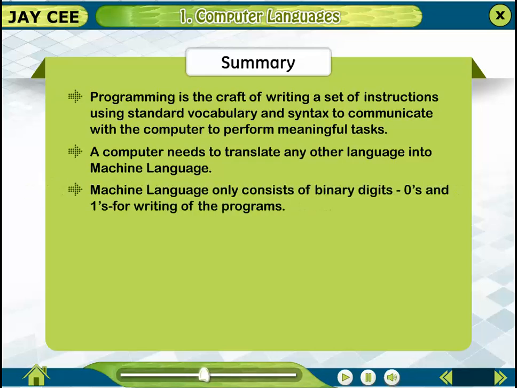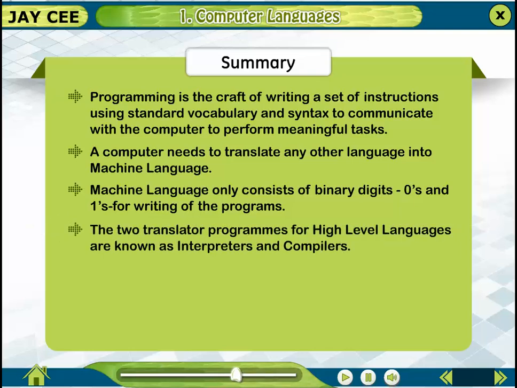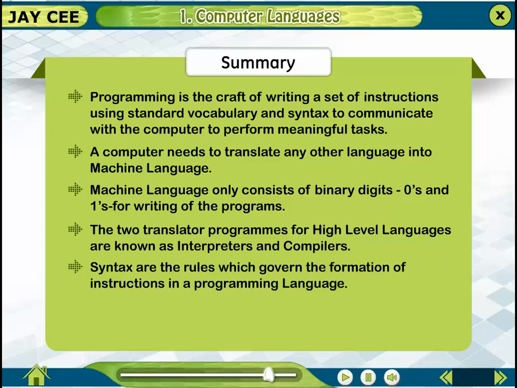Machine language only consists of binary digits, zeros and ones, for writing of the programs. The two translator programs for high-level languages are known as interpreters and compilers. Syntax are the rules which govern the formation of instructions in a programming language.